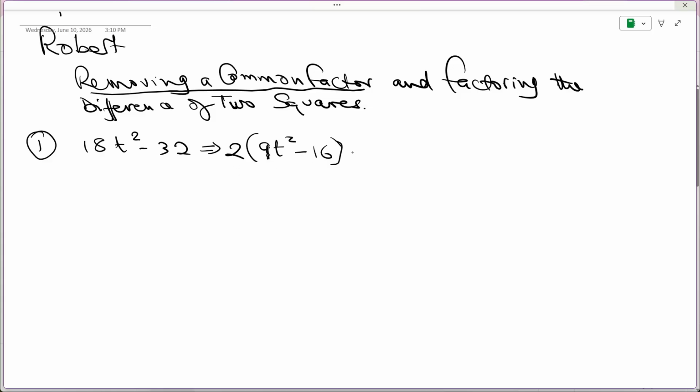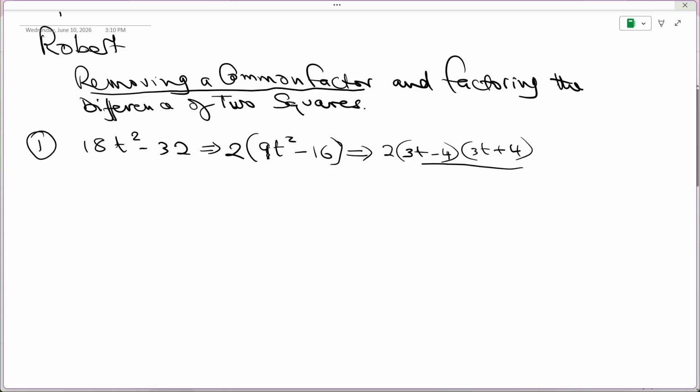So then this expression becomes 2 into, since we have a difference of two squares, we must multiply the conjugate of the product of finding the square root of each element. So here we have 3t, here we'll have minus 4, and you'll have plus 4.